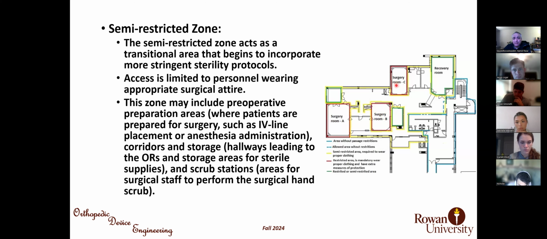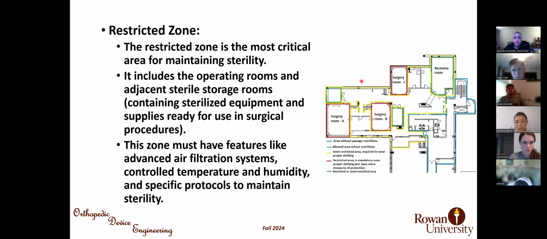The restricted area is where the surgery is being performed. In the restricted area, we respect this area and we try to always consider it restricted, even when there is no surgery.